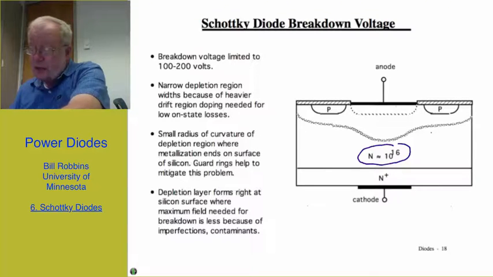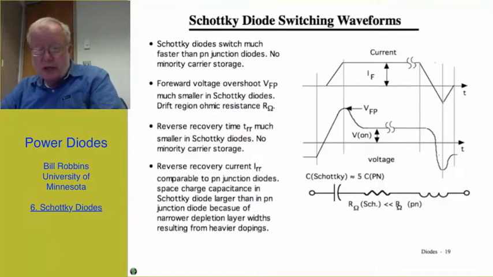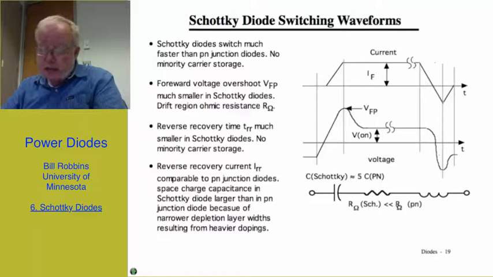As far as the switching characteristics of Schottky diodes, qualitatively they look similar to those of a p-n junction diode. Turn the current on at a fixed rate. There will be some voltage overshoot, primarily because of the inductance shown in the equivalent circuit right here.